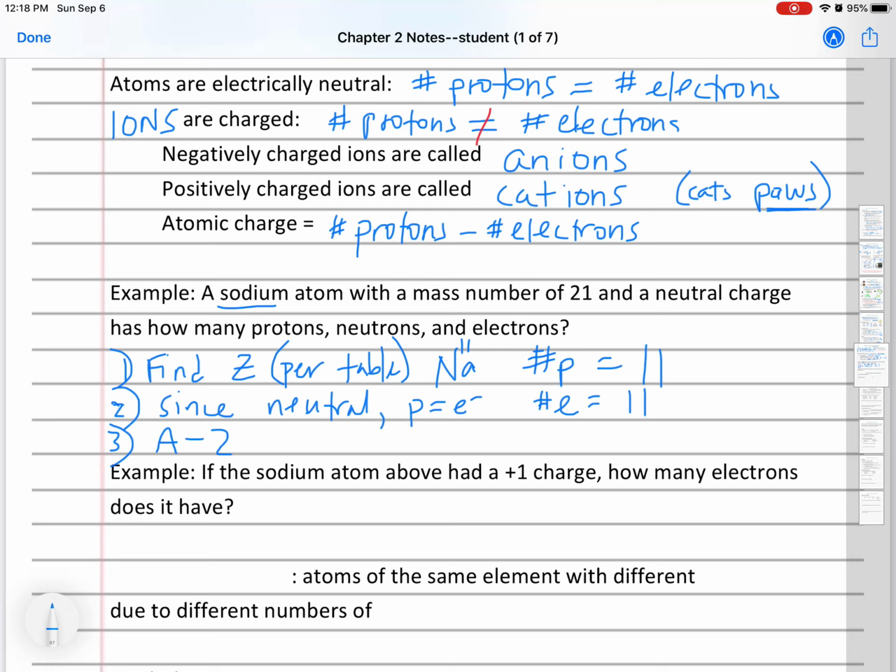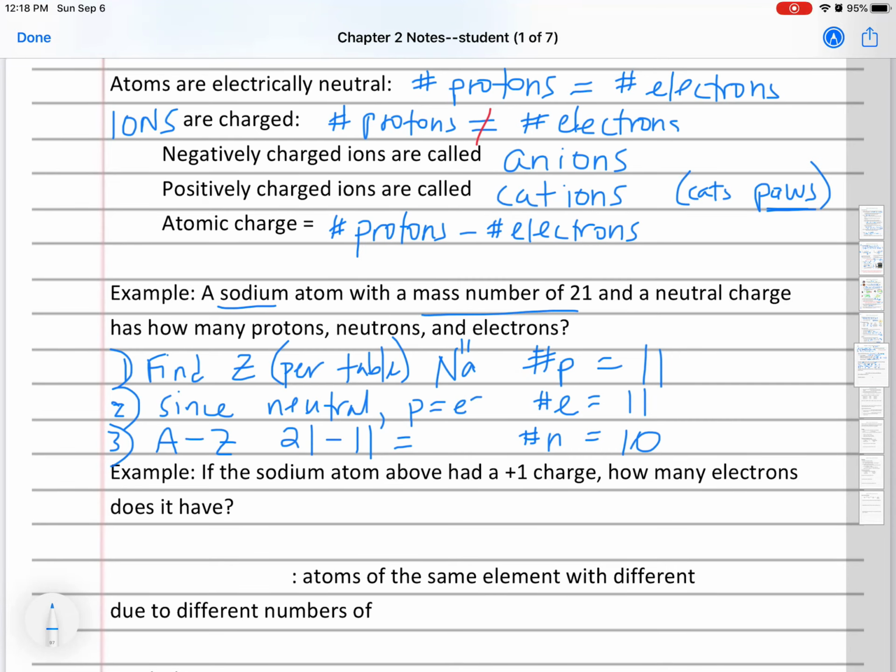So A minus Z, or in other words, the mass number minus the number of protons. It says in the problem the mass number, A, is 21, and we figured out that they have 11 protons. So the number of neutrons is 21 minus 11, which is 10 neutrons.